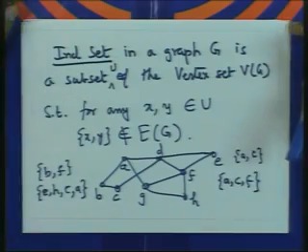There are many others. For instance, each vertex by itself is an independent set. It's just a collection of vertices so that there are no edges between them.